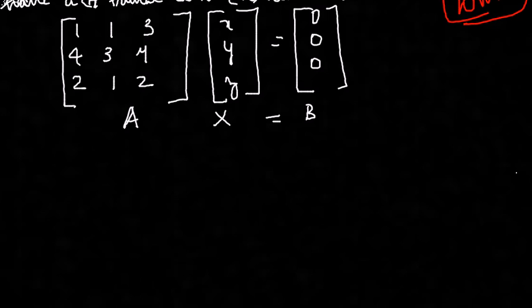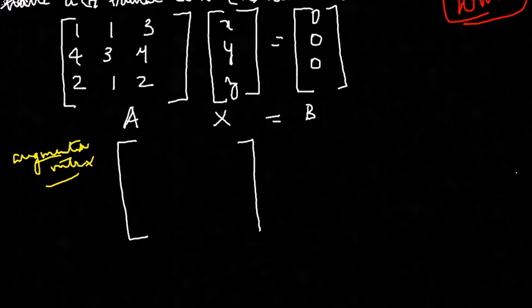Now in the rank method, what is the first thing we will do? We will be writing the augmented matrix, right? What is an augmented matrix? It's nothing but writing both A and B matrix together. So 1 1 3 0, 4 3 mu 0, 2 1 2 0.